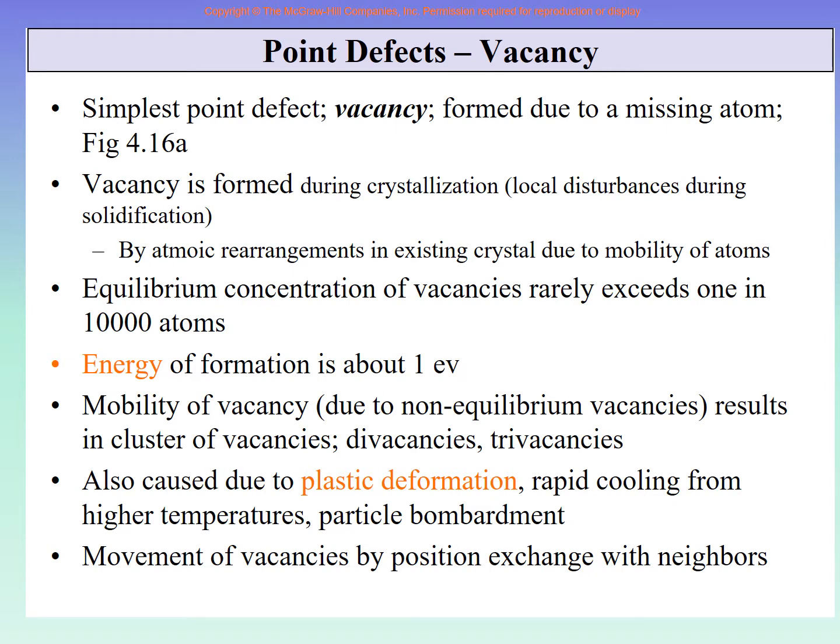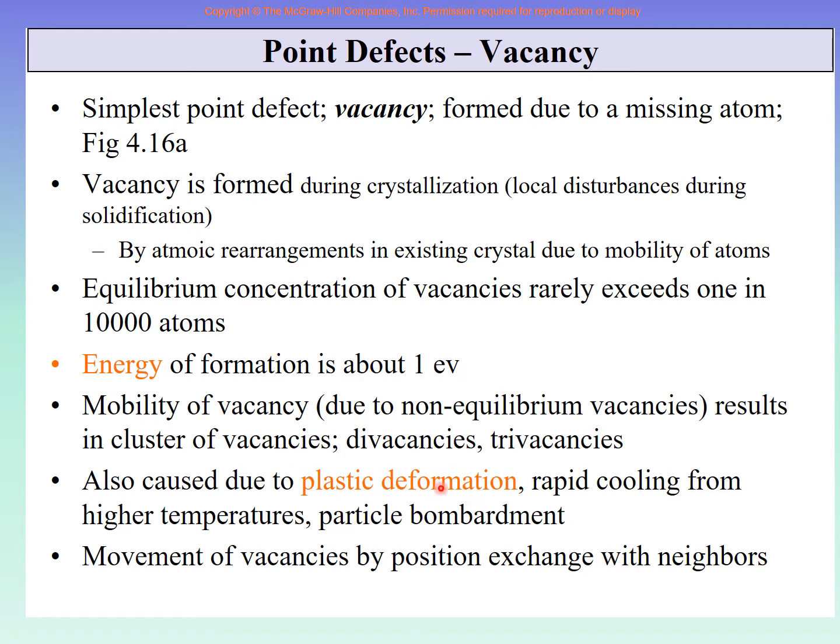And if you read through here, which we will not read too much, an energy of formation of about 1 electron volt is required to create a vacancy. Vacancies are formed because some of the atoms have too much energy, more than 1 electron volt, and they leave their place.